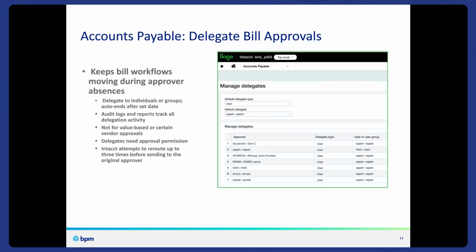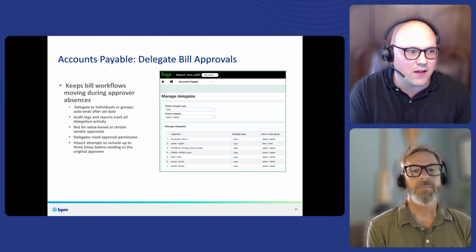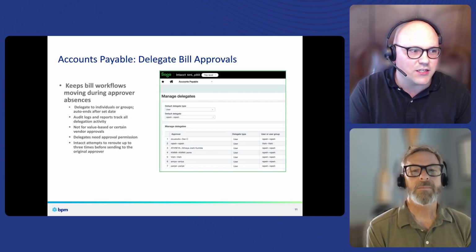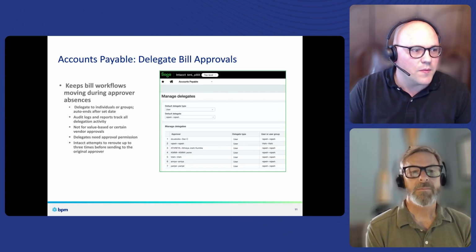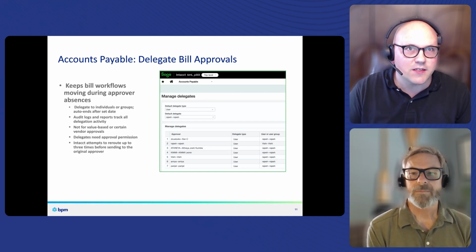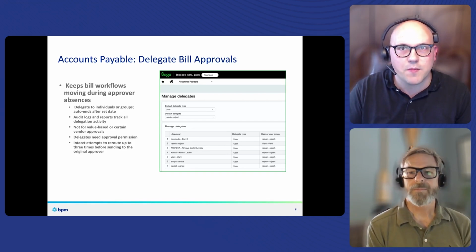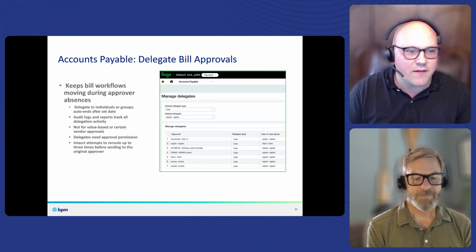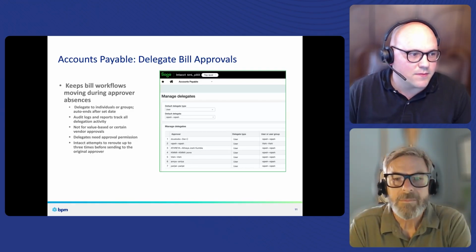That means when you're away, you can have someone else approve this. And the nice thing is we still are going to have audit logs and reports to track the delegation activity, so there still will be controls there. But this will make it a lot easier to manage your approval process when people are on leave or on that vacation they so well deserve.